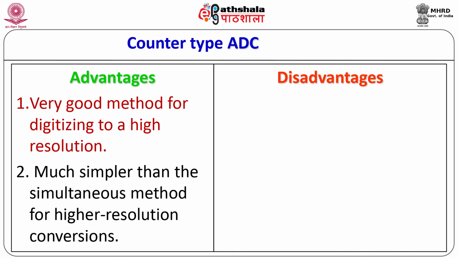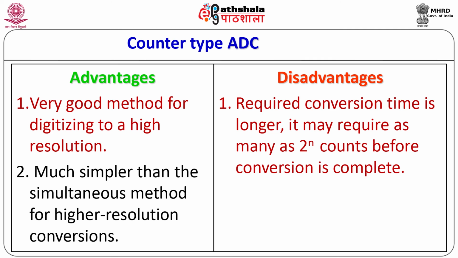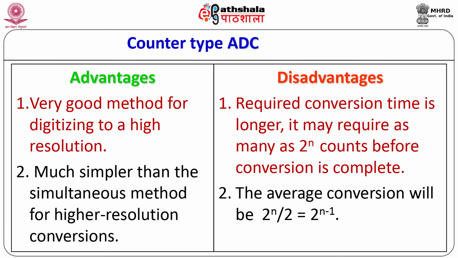The drawback of this counter type ADC is its conversion time. It requires as many as 2 raised to n counts before conversion is complete. In fact, the average conversion time will be 2 raised to n minus 1 for the conversion to complete, where n will be the number of clock pulses. These clock pulses are fed from the clock, and hence the clock frequency is going to decide the conversion time of counter type ADC.